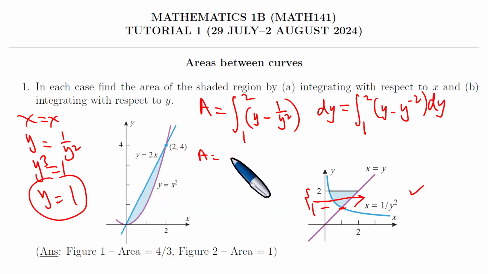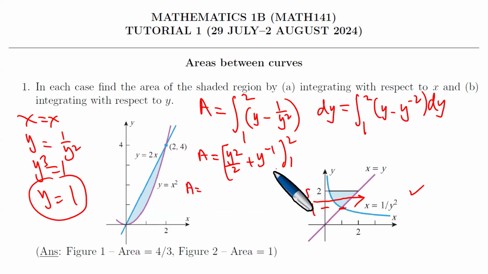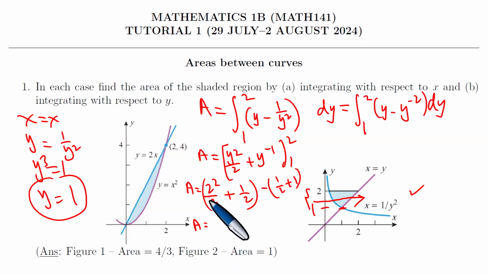which is y squared over 2, then plus y to the minus 1, and then you integrate from 1 to 2. You put in the 2, which is 2 squared over 2 plus 1 over 2, minus 1 over 2 plus 1. What is 2 squared over 2?